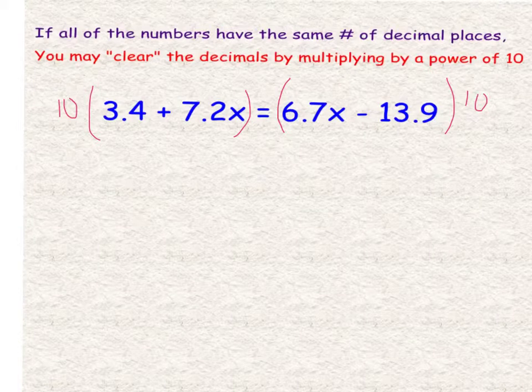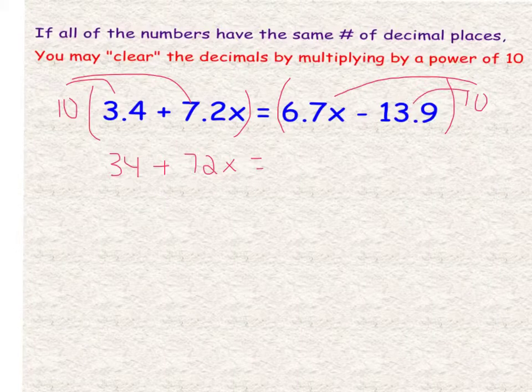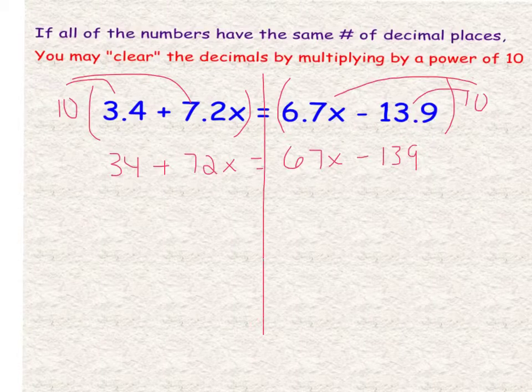So 3.4 times 10 is 34. It's the distributive property, so 7.2 times 10 is 72x. I'm going to have to do the same thing over here to make this 67x minus 139. And then we're going to solve it like we've solved every other equation. We're going to split our sides.